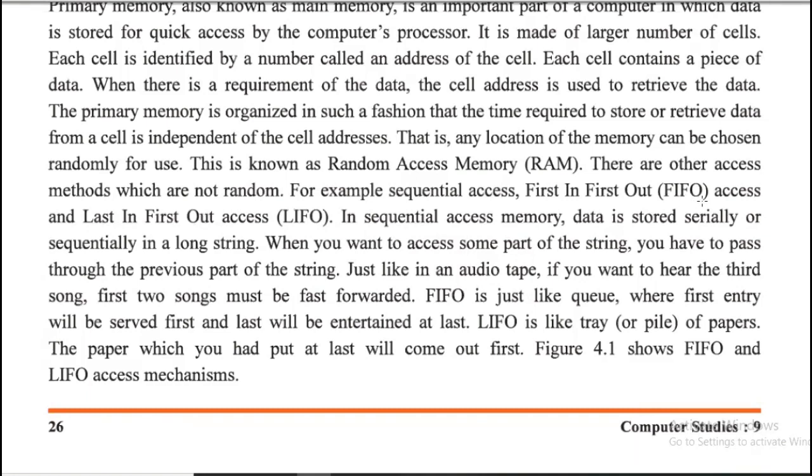Whatever process is started first, output for that process will be generated first. And there is another concept, that is last in first out. So whatever process I have requested last will be executed first.